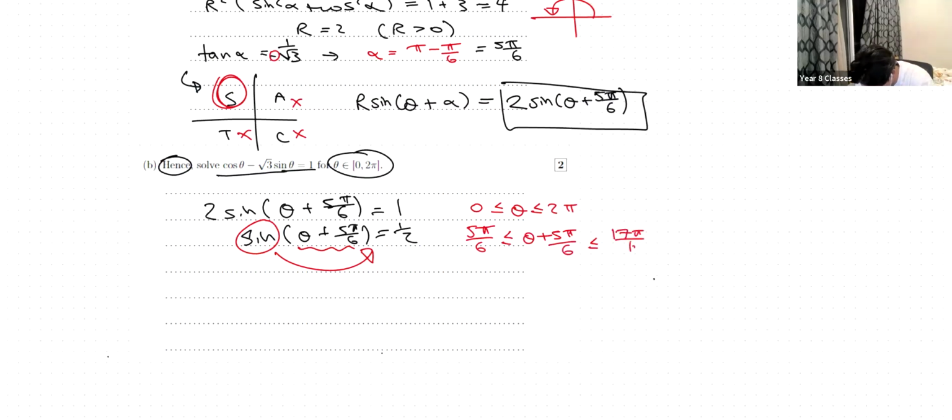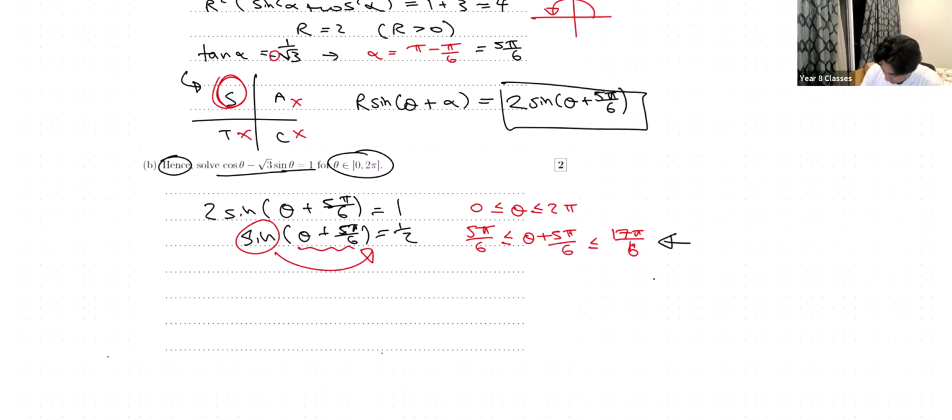I don't think it will impact the answer on this question, but it's a common trick you'll see in HSC questions. Whenever you have something other than theta in the sine, or whatever trig function, always make sure to rewrite your domain, because if you don't, you're going to leave out solutions that you should get.